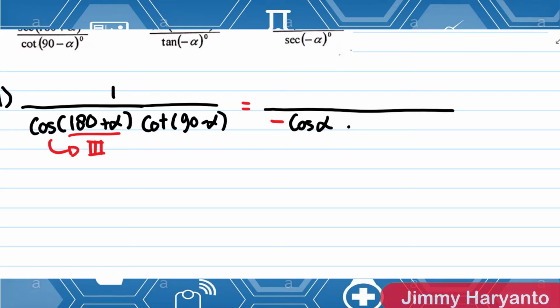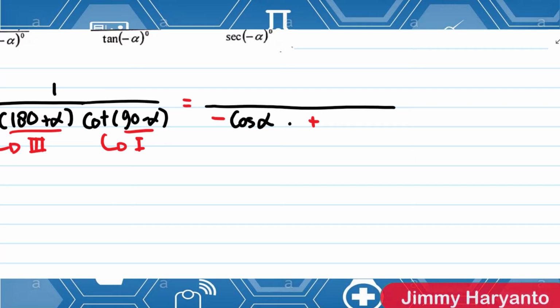And then cotangent 90 minus alpha is in quadrant 1. Cotangent in quadrant 1 will be positive because cotangent is the opposite of tan, and tan in quadrant 1 is positive. And then we use 90 degree as our benchmark. So before I already told you that tan will be changed into cotangent when you use 90 or 270, right?